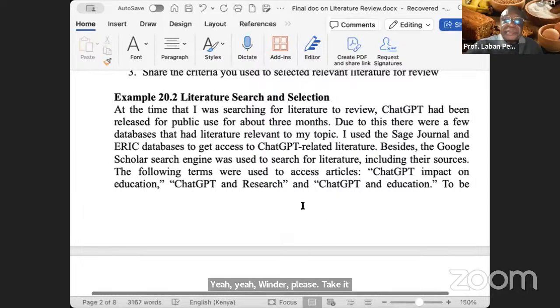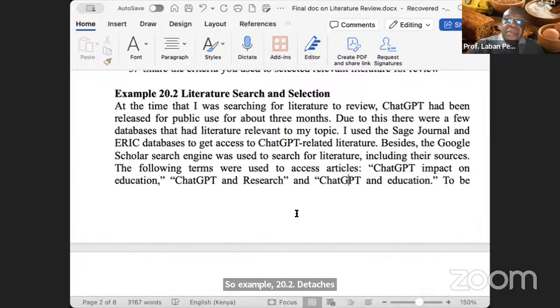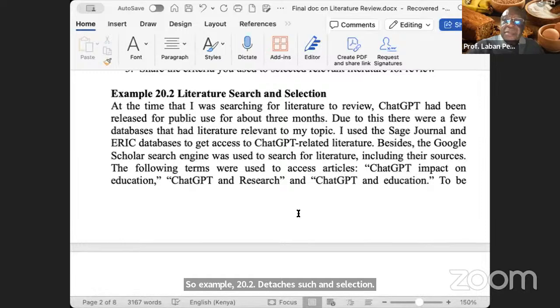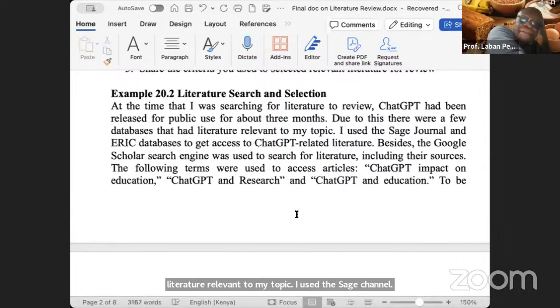Example 20.2, literature search and selection. At the time that I was searching for literature to review, ChatGPT had been released for public use for about 3 months. Due to this, there were a few databases that had literature relevant to my topic. I used the Sage Journal and ERIC databases to get access to ChatGPT literature.